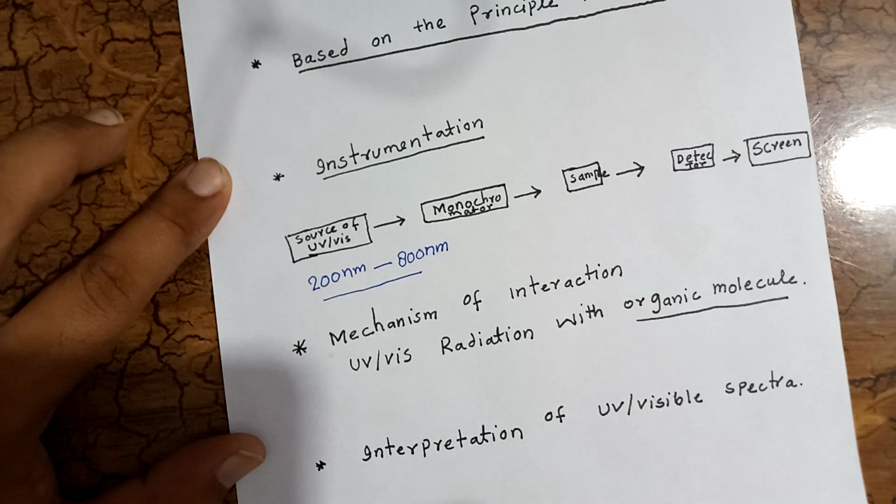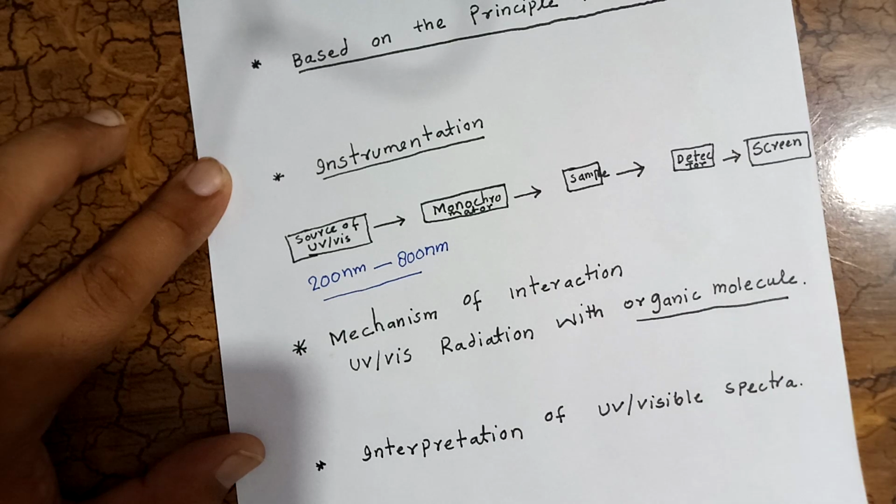These electrons are excited by the UV visible light which falls on them, and due to that electronic excitation, some of the UV visible light is absorbed, and that is detected by the detector and gives us the spectra.